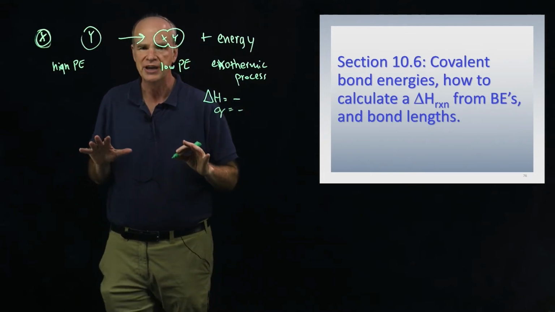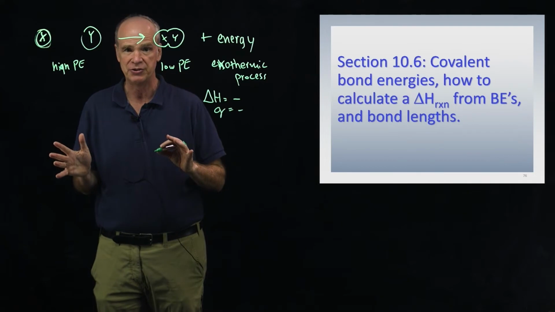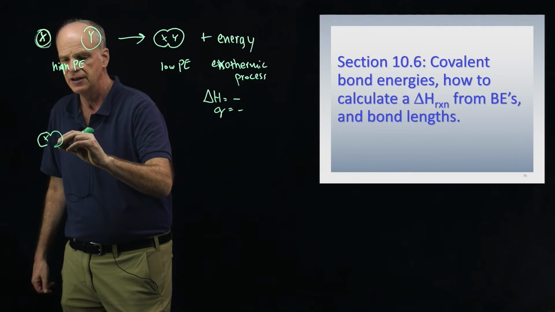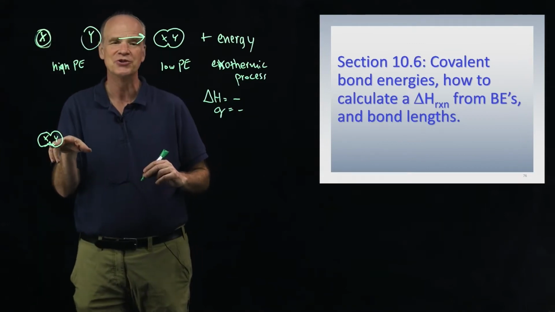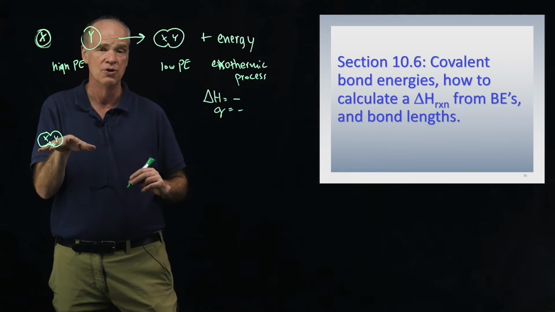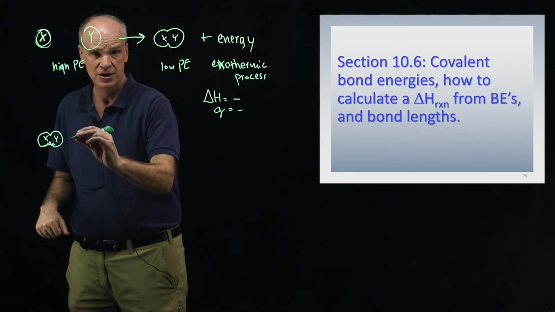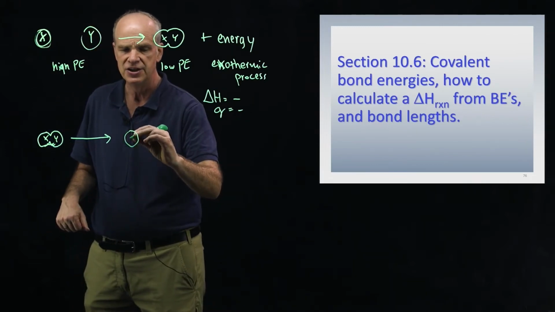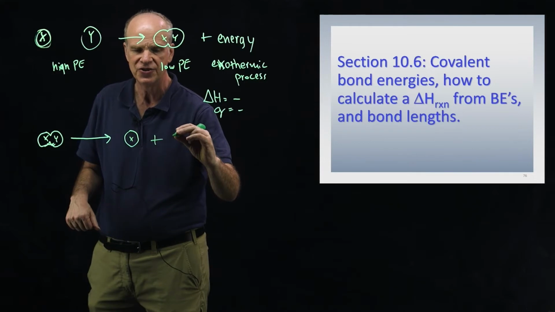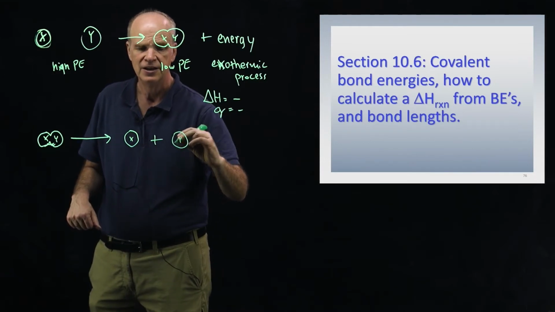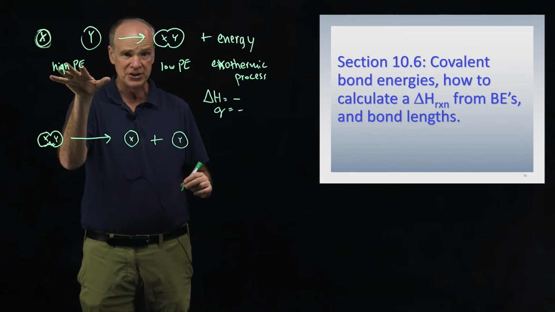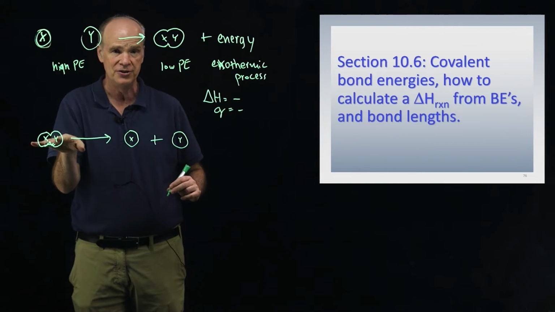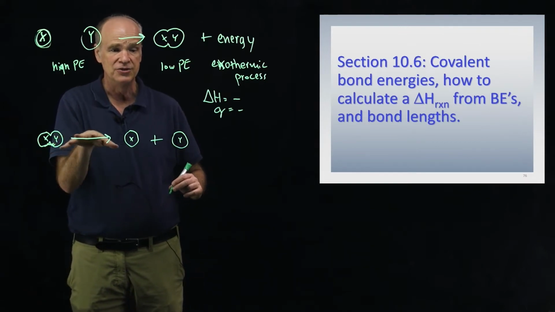Okay, so now let's take the reverse process and see what happens. Let's say you have two atoms bonded together, X and Y. These two atoms could be the same atoms, or they could be different atoms. And let's say that you have them together and then somehow you break them apart, and you release the free atoms into space, X and Y. So if you bring free atoms together to form a molecule and that releases energy, what do you think is going to happen if you have the molecule and you release the free atoms?